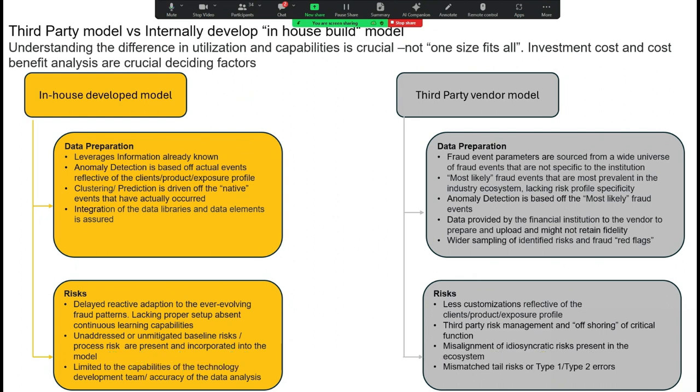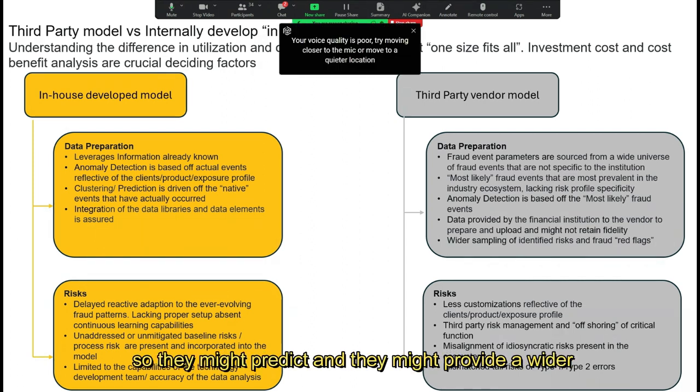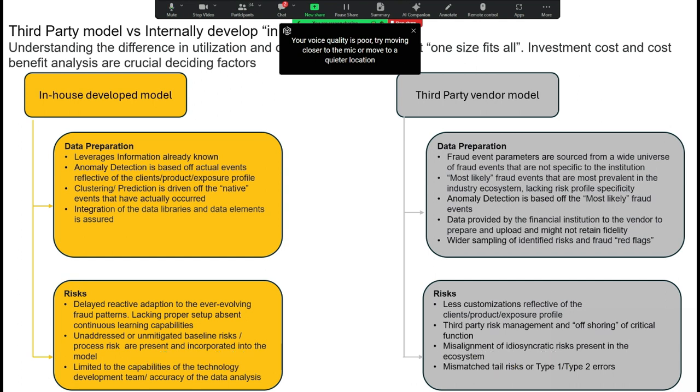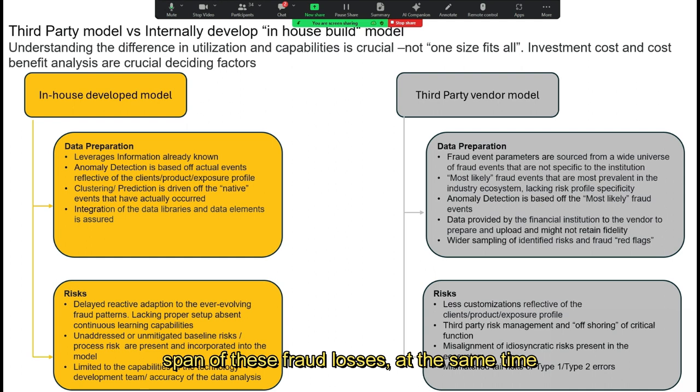Now, looking at the third-party models, there are obviously benefits, such as third-party models being based on a wider set of fraud events that have occurred, since those are gathered across different institutions, right? So they might provide a wider span of these fraud losses.